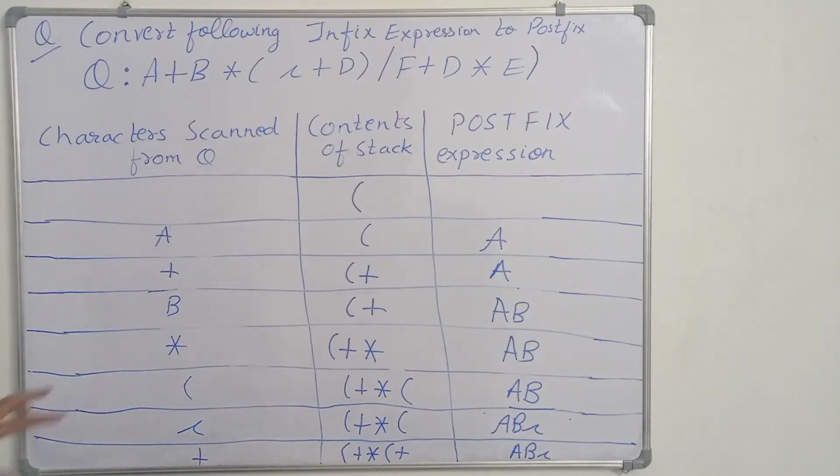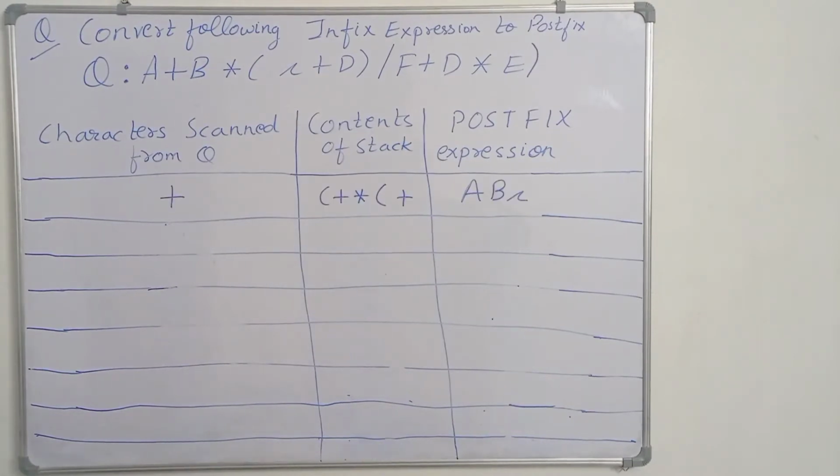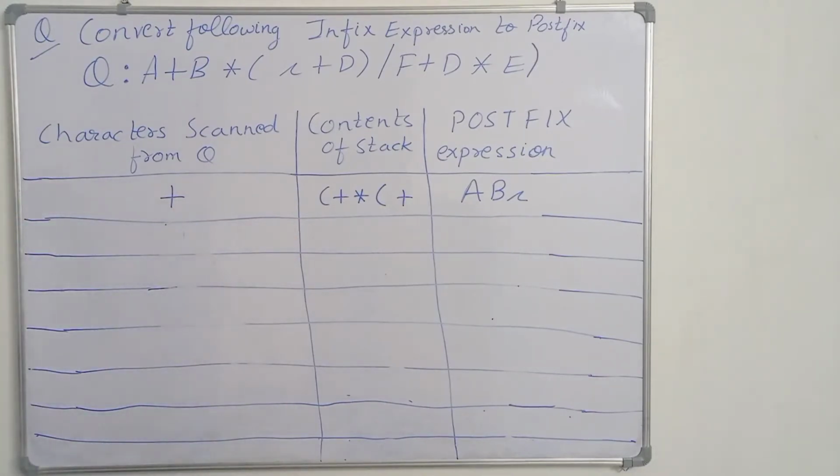Till now there was no operator having higher precedence, so it was added to the contents of stack. Now I will clear the contents of the board. So I have cleared the contents of the board. We were at plus, and this was the table. Now again we have to scan.